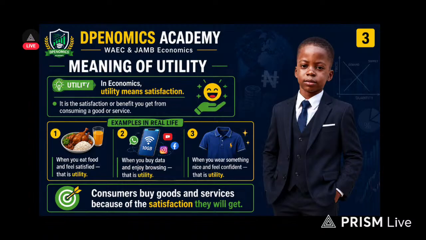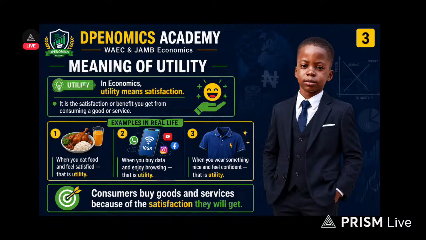I can consume a plate of rice or 2 plates of rice, and I'll tell you, I derive utility in the consumption of rice. So utility means satisfaction. It is the satisfaction or benefit you get from consuming a good or service. That is utility.